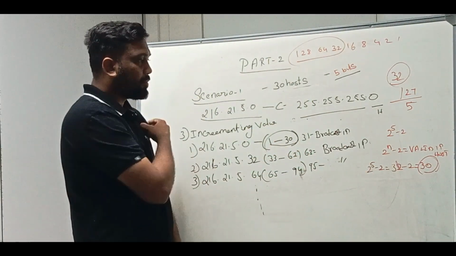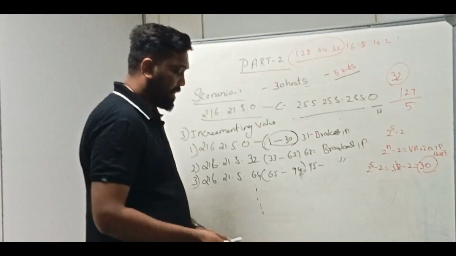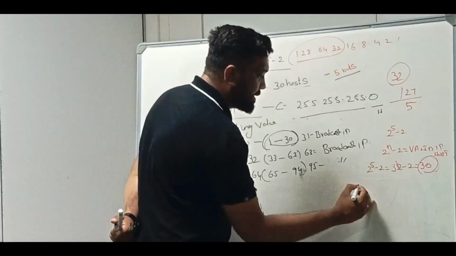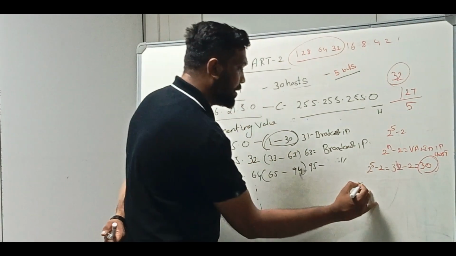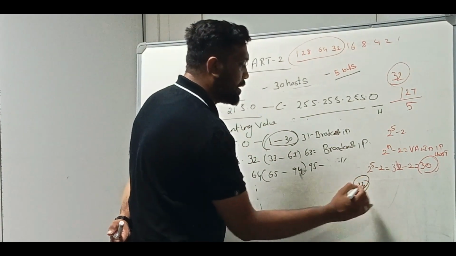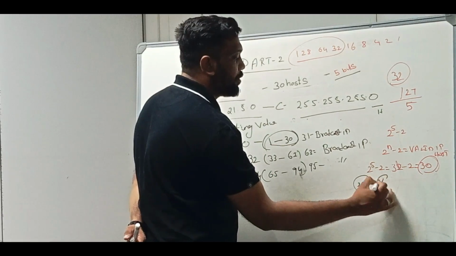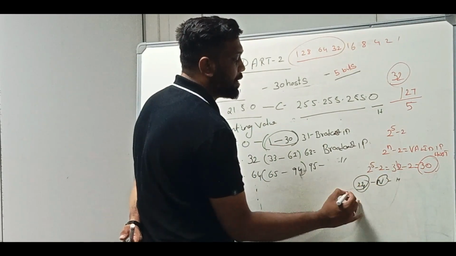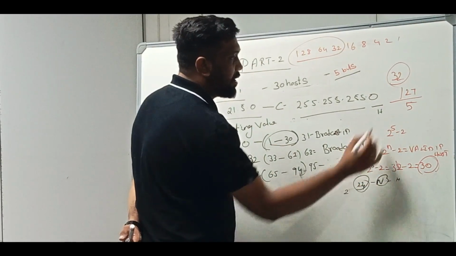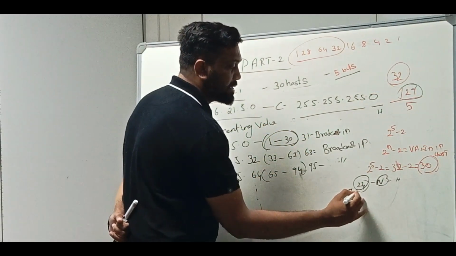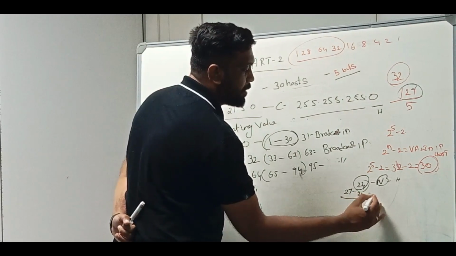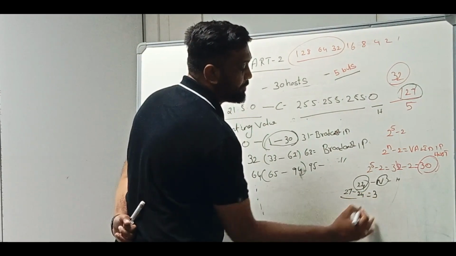Now, finding the networks is again easy. This is a class C address. Class C is /24. By default the network portion is 24, and the remaining part is host. Now we got a new subnet mask of /27. 27 minus 24 equals 3.